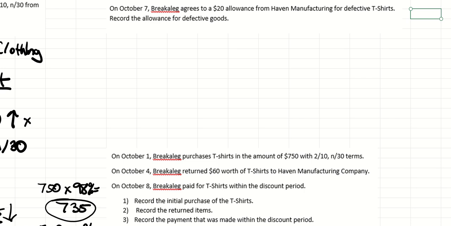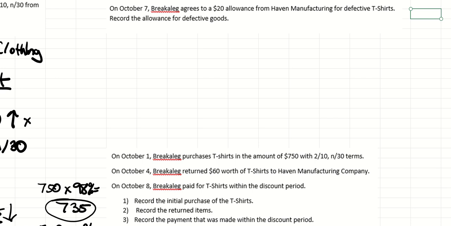So Break a Leg can contact Haven and say, hey, we got a few t-shirts that don't look right. And Haven wants to keep them as a customer, because they are the seller. So they can say, okay, we'll give you an allowance. We'll give you an allowance for a certain amount to account for those defective t-shirts.